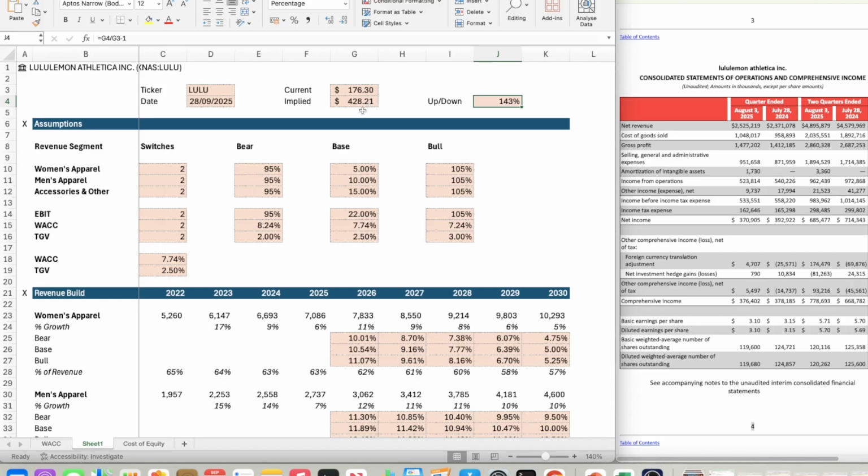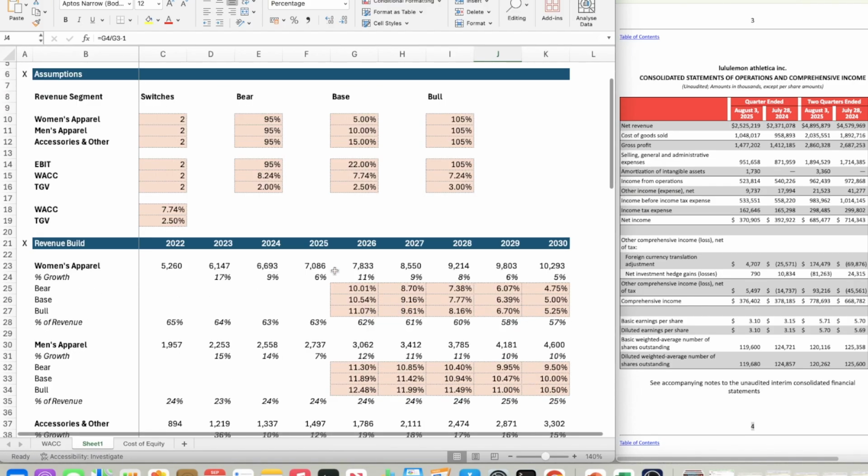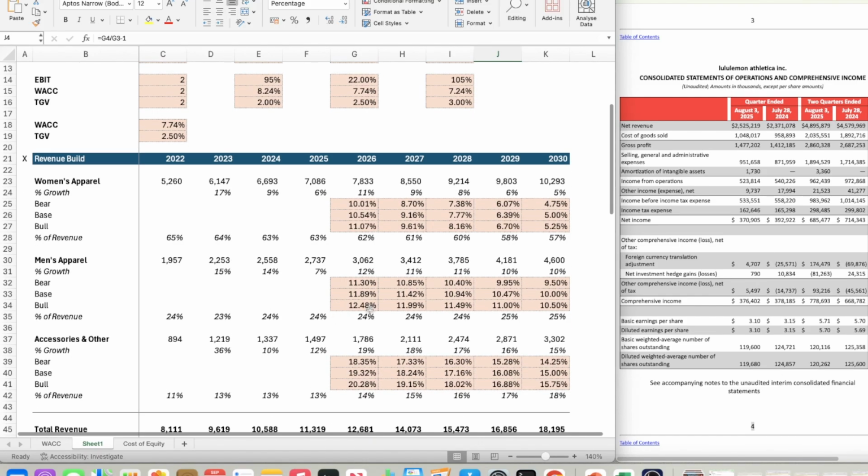If we'd gone on these past figures, then we would have been where it was trading a couple of years ago when it was hitting the 450, 500 mark, because they were going on the past, but now they are anticipating this to come down significantly.